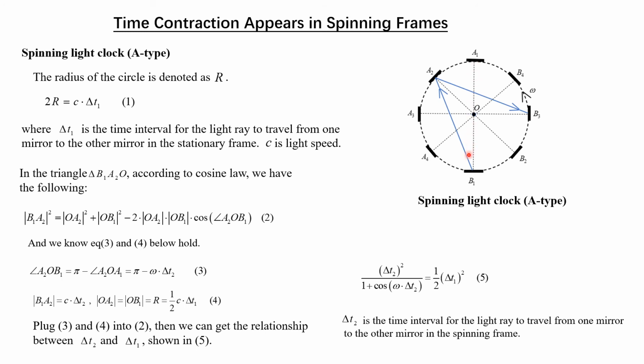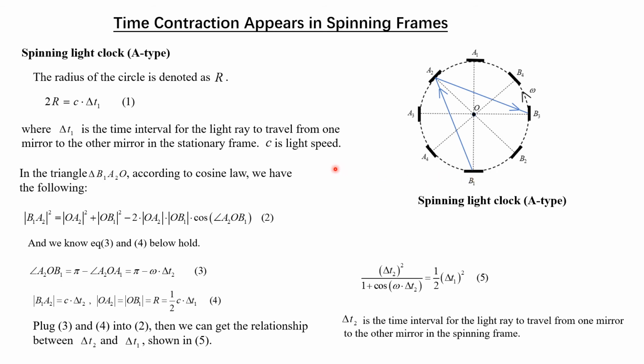In the spinning frame, the photon travels from B1 to A2, and in the stationary frame, the photon travels from B1 to A1. This means that the photon travels a shorter distance in the spinning frame, so time contraction happens in the spinning frame.